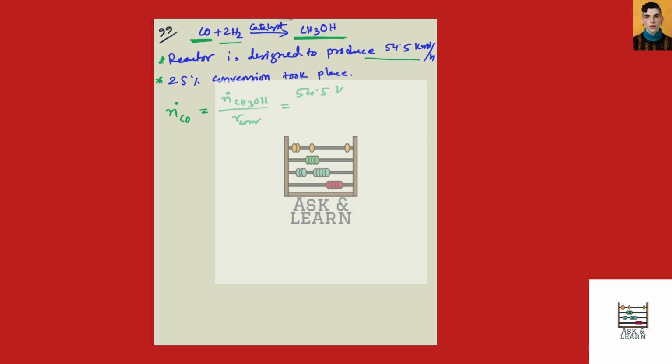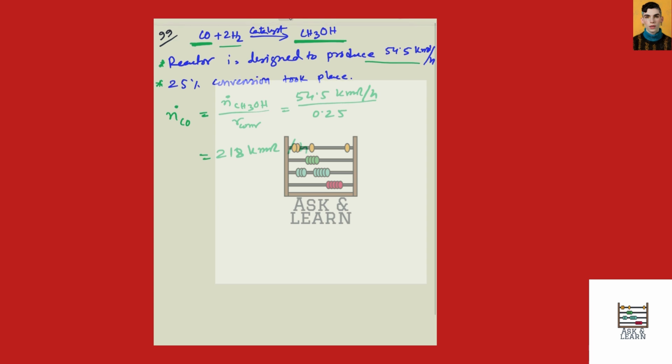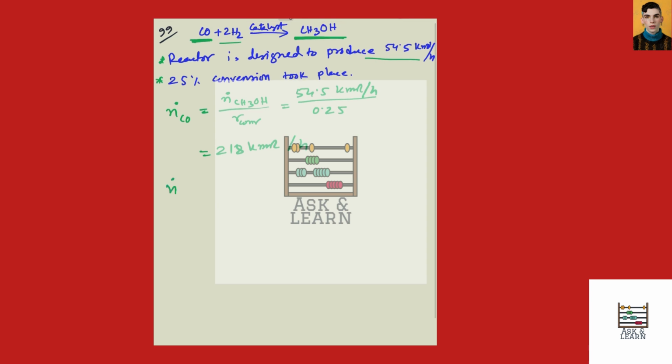Now, the number of moles of methanol is 54.5 kmol per hour, and 25% conversion took place. Therefore, we need to divide it by 0.25, and we get 218 kmol per hour as the amount of carbon monoxide.